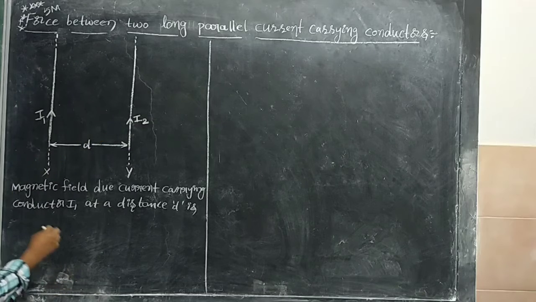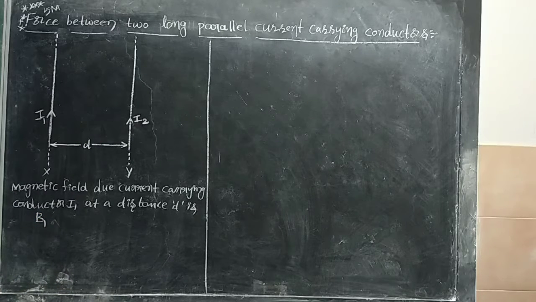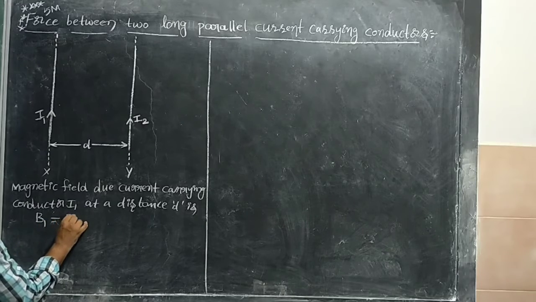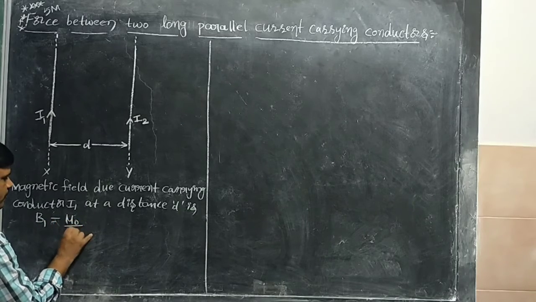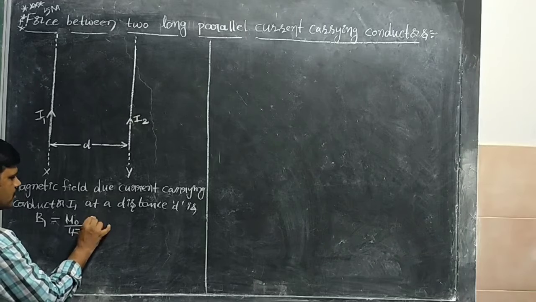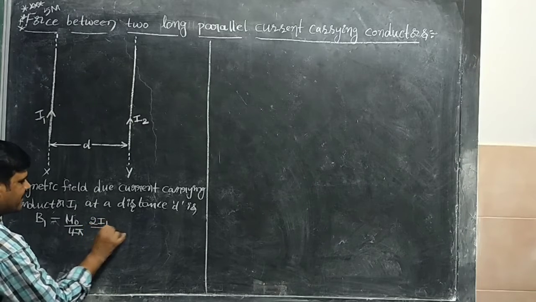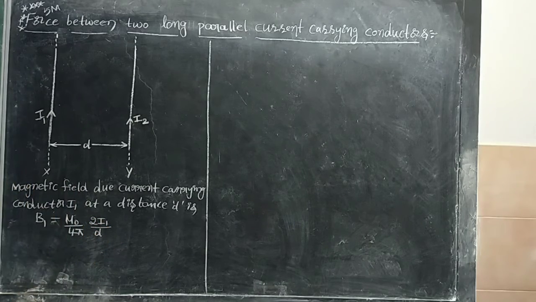At that position, the magnetic field, as we have done previously, is B1 equal to mu naught by 4 pi into 2 I1 divided by D.